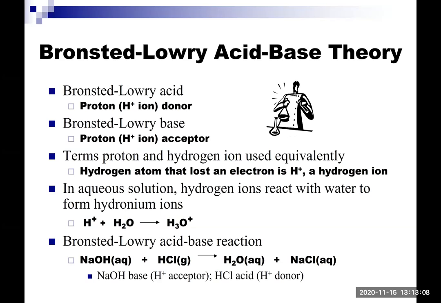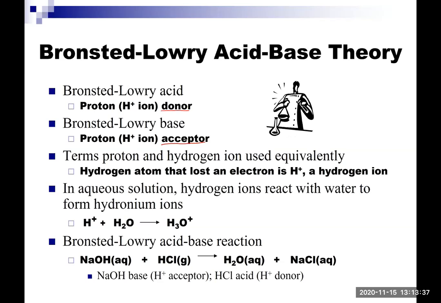Their idea of an acid is a proton released from a compound that contains hydrogen, but that proton is donated in this solution. And Bronsted-Lowry's idea of a base also involves a proton. So their theory states that a base is a proton acceptor in solution.